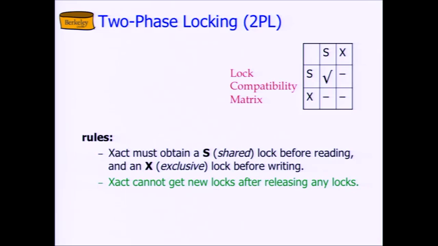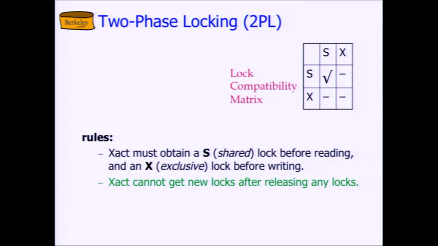So here are the rules we're going to implement across transactions in our system. Before reading an object, a transaction must obtain an S, or shared, lock on that object. And before writing an object, a transaction must obtain an X, or exclusive, lock on that object. And a transaction cannot get new locks after it releases any of its locks.